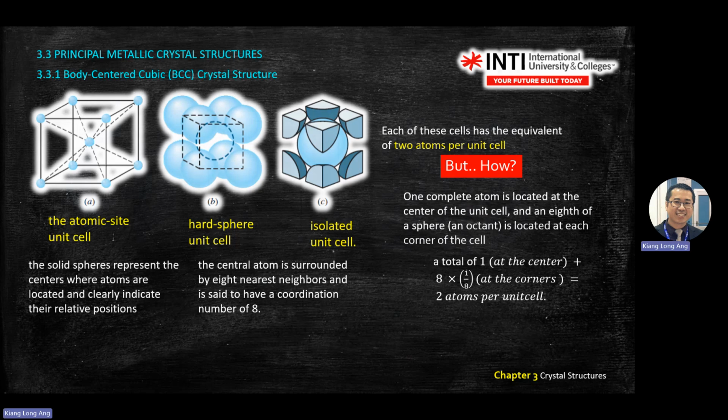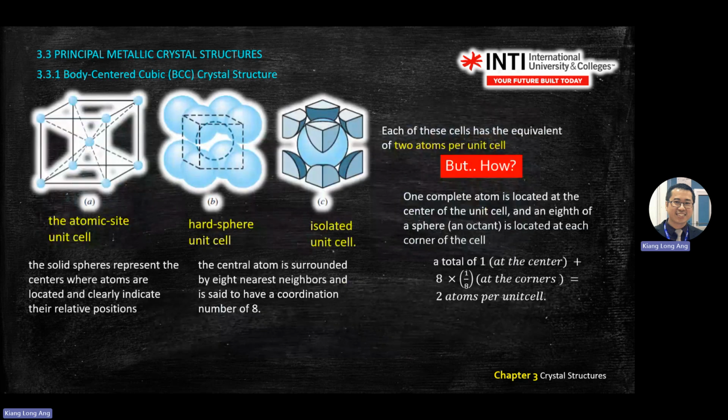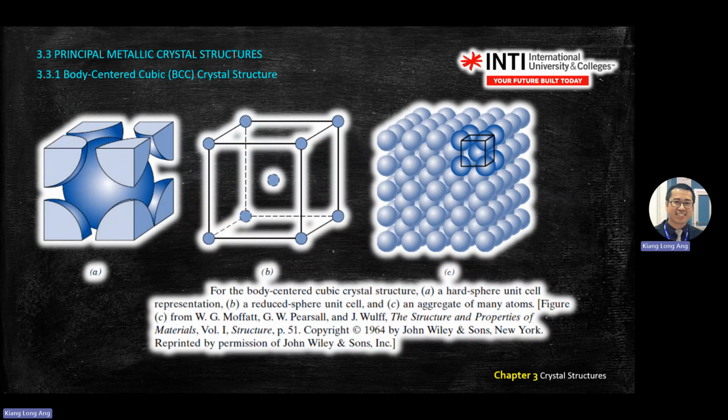So this is another presentation, same diagram. A is a reduced sphere. Just now, one textbook called it isolated cell, so sometimes they also name it reduced sphere unit cell.